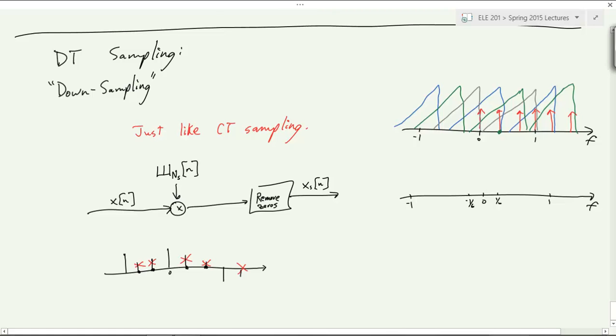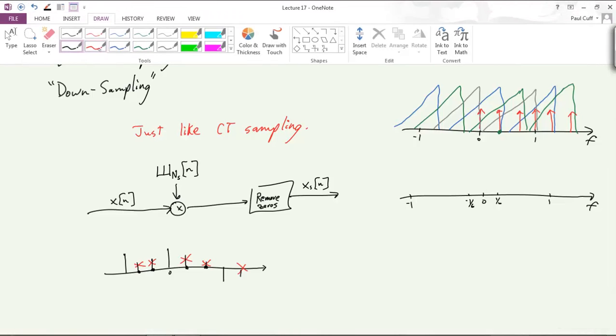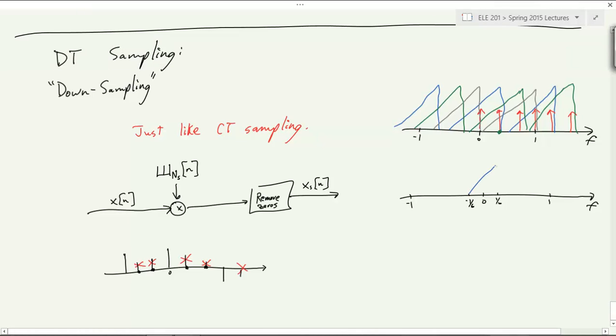So if the spectrum actually looked like this, and then it repeated, and then we did our delta functions. I won't draw those again. And then we looked at the copies that occurred because of this multiplication.